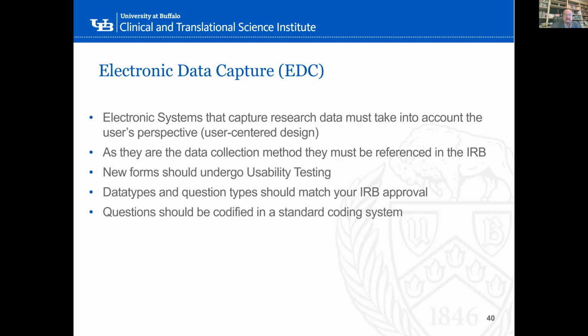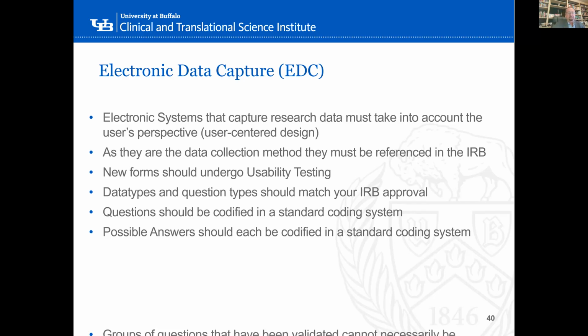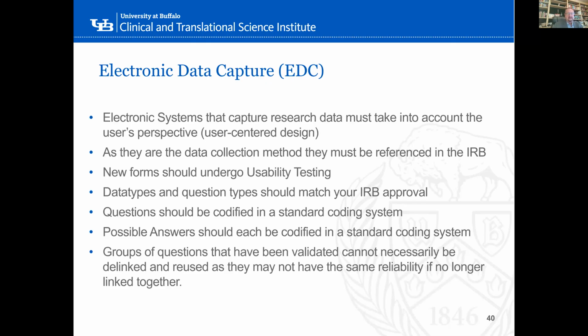Questions should be codified in a standardized codifying system. Possible answers should be codified in a standard coding system. And then groups of questions that have been validated cannot necessarily be delinked or reused, as they may not have the same reliability if no longer linked together.